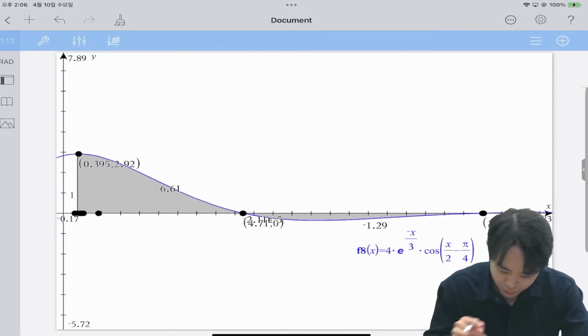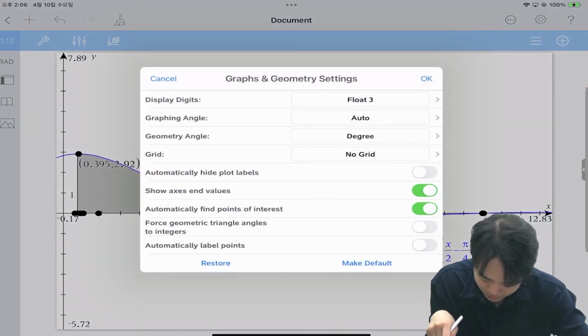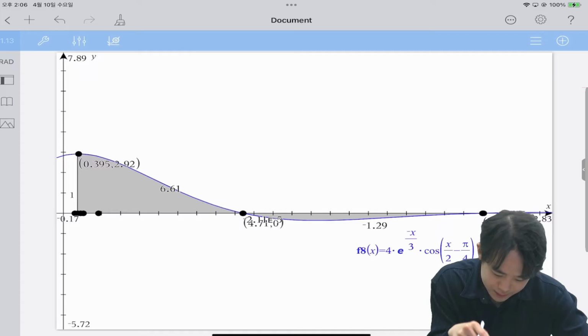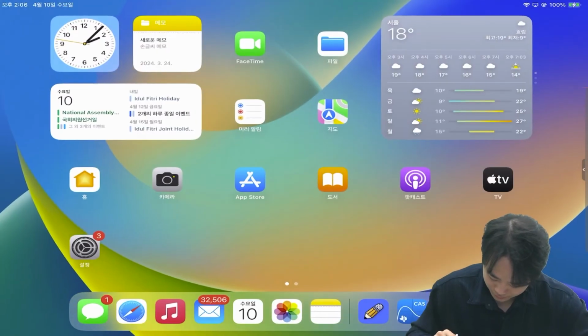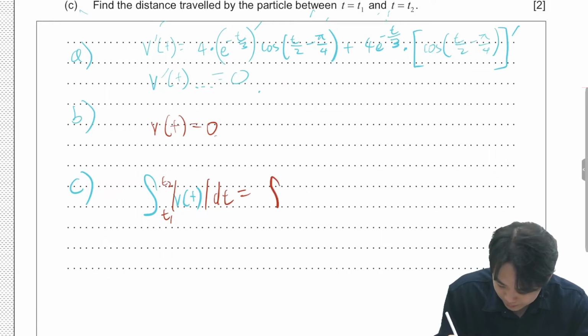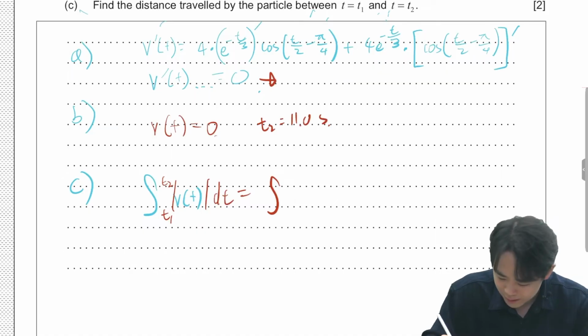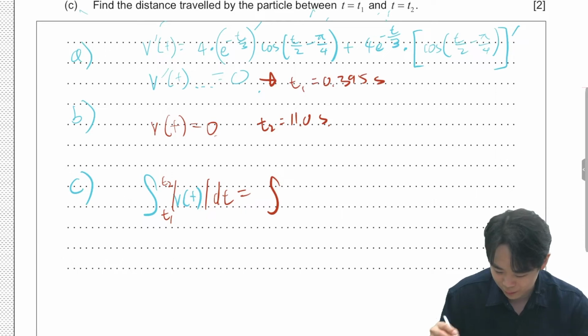Or if this is a bit confusing, what you could try doing is we could just write our expression that we need, and do it manually. So first of all, we had T2 is 11.0 seconds. T1 was 0.395 seconds in our graph.